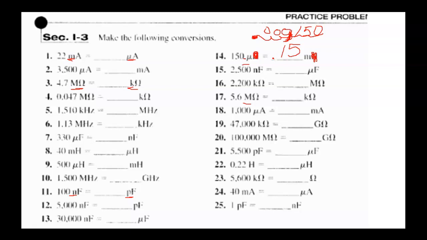So 2,200 in decimal form would be 2200, and then I've got kilo. Kilo has meaning. What does it mean? It means thousand. It means I've got 3 zeros after these. Okay? And I'm wanting to move from kilo to mega.